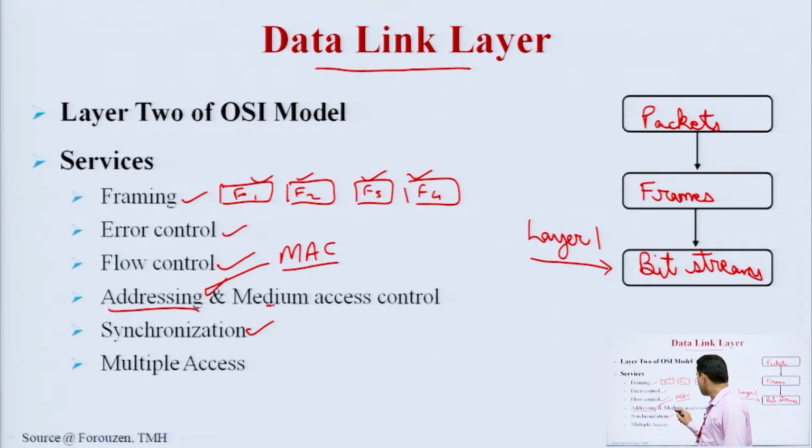Then medium access control: how the data is transferred and how many other users are also using the particular channel. For example, currently I am in a room where I am alone. Maybe 5 faculty members are speaking together and you are receiving all 5 audios. Are you able to understand any one faculty member's voice clearly?